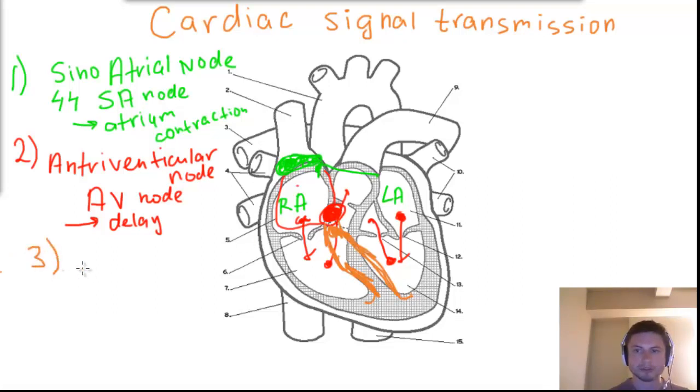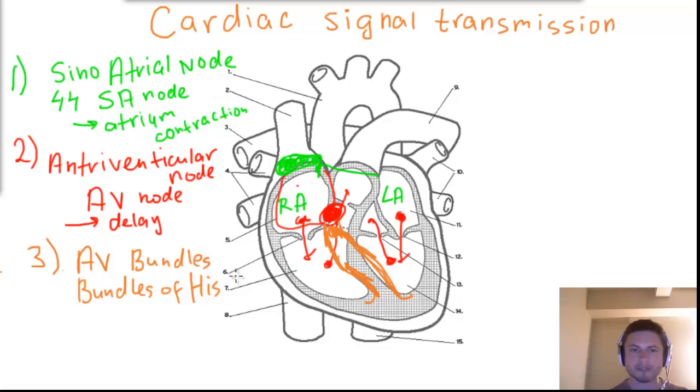They are usually known as AV bundles, but they also have a more common name: the bundles of His, with a capital H because it's someone's name. They conduct the electrical signal from the AV node down to the next part.